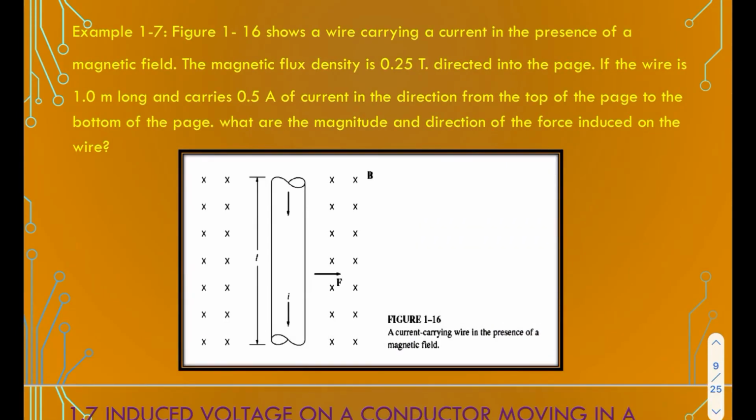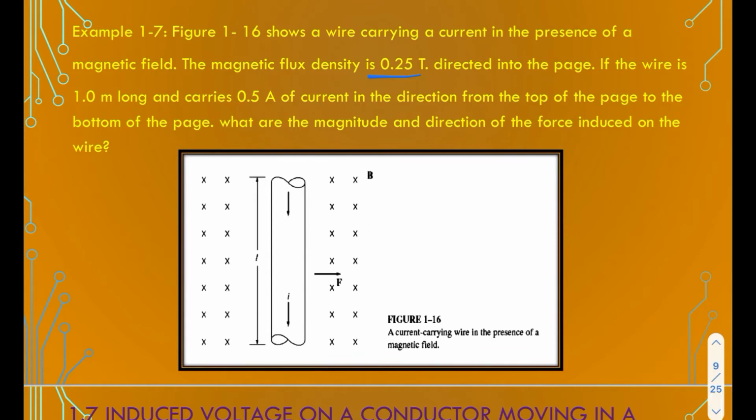Next slide. Now let's solve example 1.7. Figure 1.16 shows a wire carrying a current in the presence of a magnetic field. The magnetic flux density is 0.25 Tesla directed into the page.